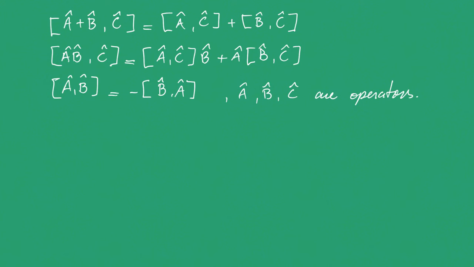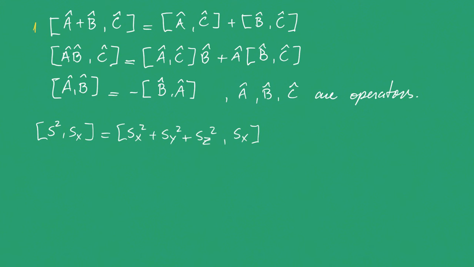You will certainly find them. Then the commutator of S squared and Sx can be rewritten as the commutator of Sx squared plus Sy squared plus Sz squared with Sx.